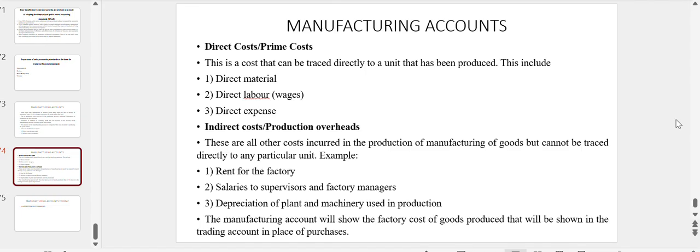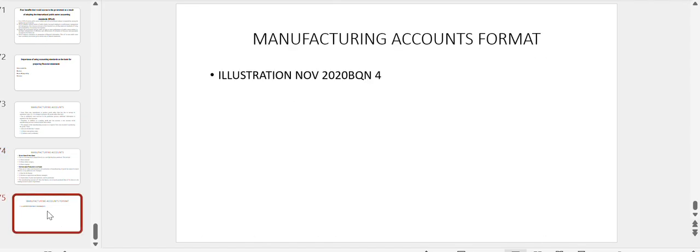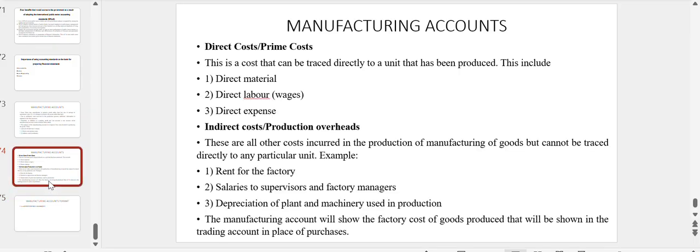So we have the administrative cost, we have the selling and distribution cost, and we have the finance cost. Are you together? So that is all about manufacturing accounts. The manufacturing account that we are going to prepare generally will help us to determine the cost of completed goods. Are you together?